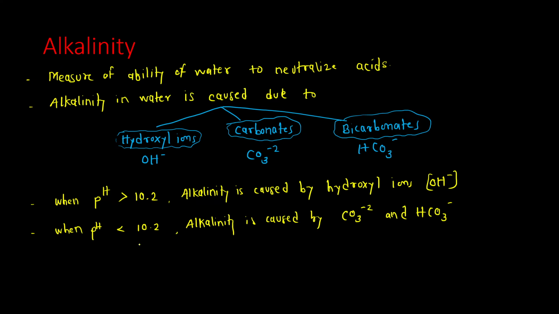Okay, if you want to go in detail in this also, you can just remember this. If it is between 4.2 to 8.2, then it is only due to HCO3 minus, and if it is from 8.2 to 10.2, then it is caused by only CO3 minus 2. So if we combine both, we'll get both carbonates and bicarbonates together.